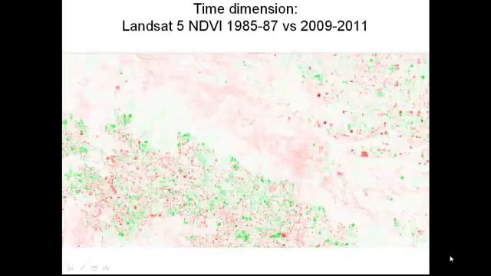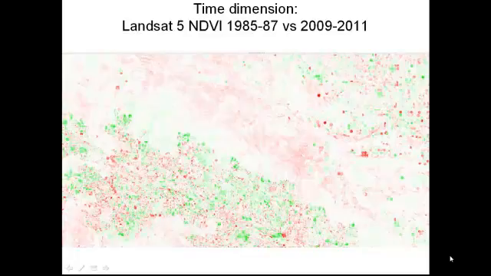Here's an example of a time series, and remember we're using the dimension of time as well. A time series of photosynthesis or normalized difference vegetation index, over an area in western Nebraska. And here we have a comparison between a 3-year composite from 85 to 87 versus 2009 through 2011, and the change is indicated by the color.